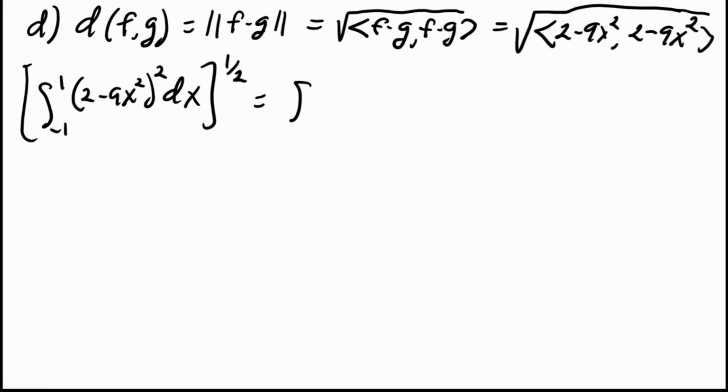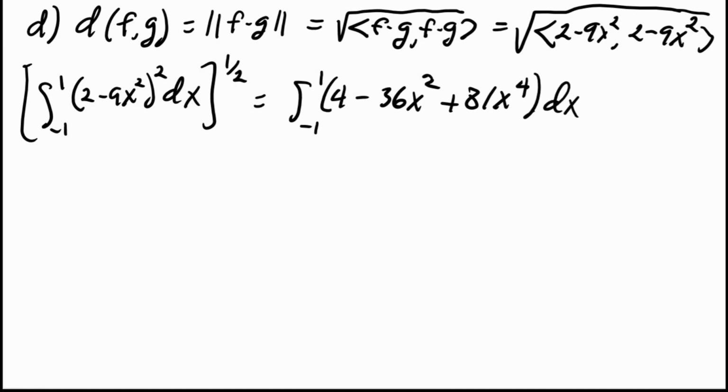So we FOIL this out: 2 times 2 is 4, 9 times 2 is 18, times 2 is 36, x to the second, plus 81 times x to the fourth, dx, and this is all the 1/2 power. So now we integrate.